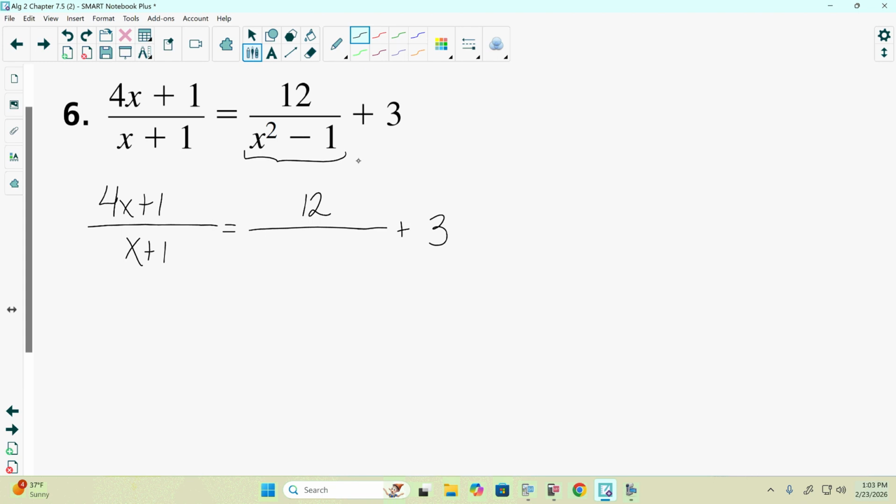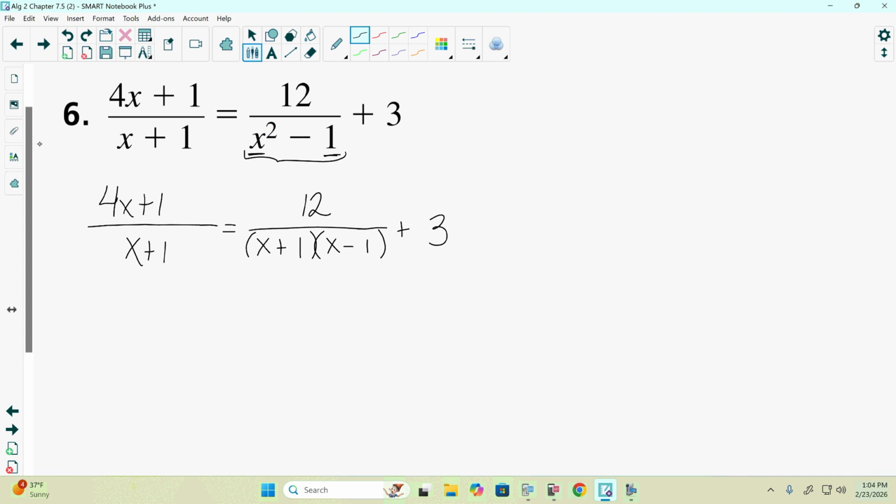Now, up to this point, we haven't had any that needed to be factored. But x squared minus 1 is a difference of perfect squares. And it factors in the form of a plus b times a minus b, where a is what we multiply by itself to get the first term. In this case, it would just be x and x. And our b term, what we multiply by itself to get 1, would just be 1 and 1.